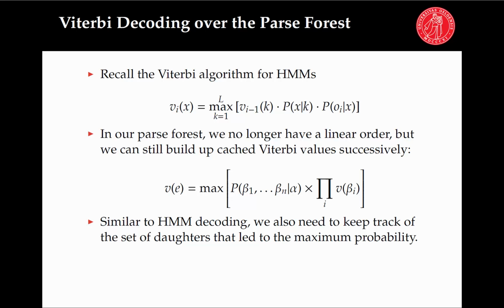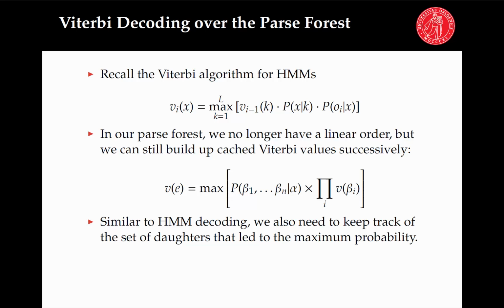So again, this will be a post-order traversal, the same order of computation as in counting the total number of trees, because we need to fill this, I'll say matrix, but it doesn't have to be a table, the V of E matrix for the smallest subtrees first, to then compute the maximum probabilities for larger subtrees, including those smaller subtrees, as represented by each edge E in the forest, or each equivalence class.